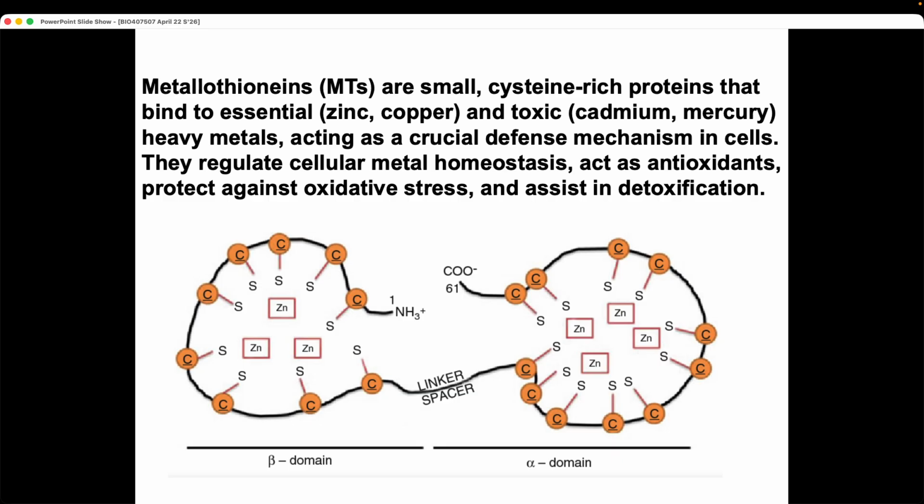But the reason I brought it up is because there are natural proteins in our bodies that are not used to thinking so much about a completely foreign molecule, like maybe lead, but they are built to regulate the availability of the minerals we have in our body, and they're called metallothioneins.